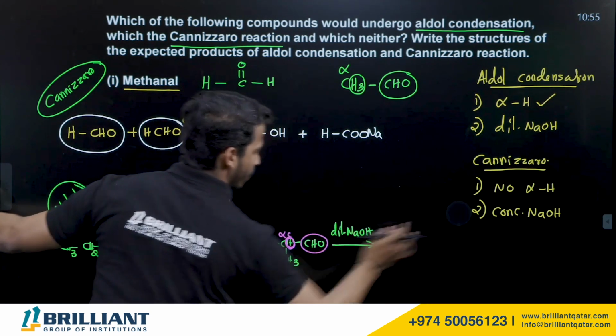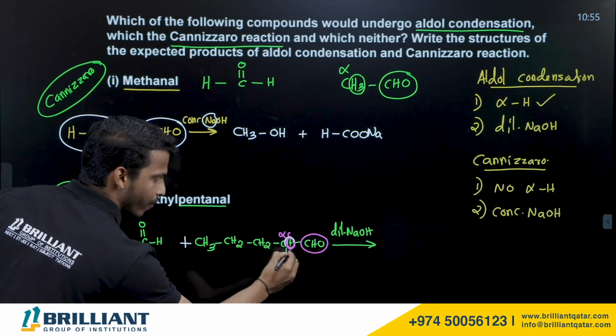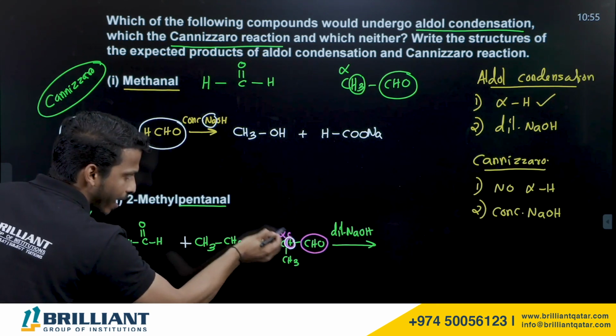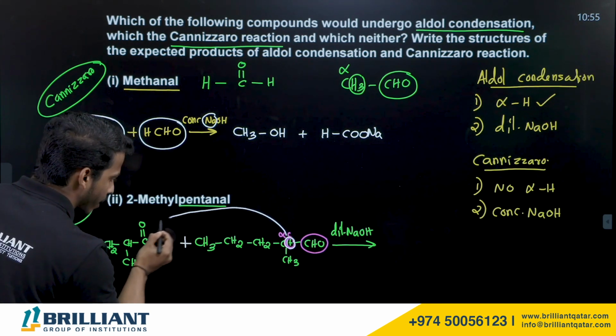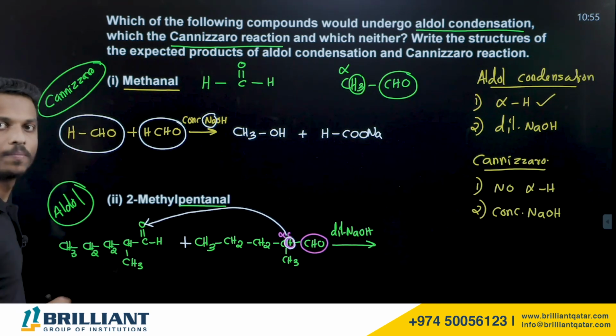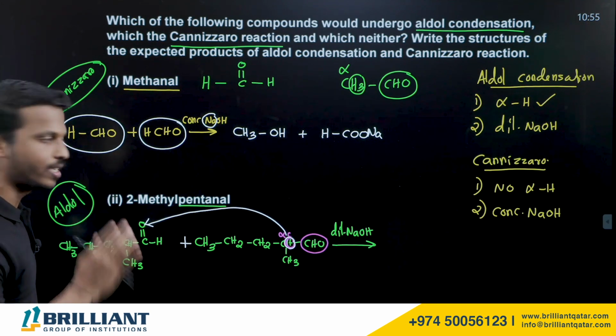From the second compound, take just one alpha hydrogen and transfer it to the aldehyde part of the first compound. Please don't write these arrows during examination; they are only to help understand the concept.